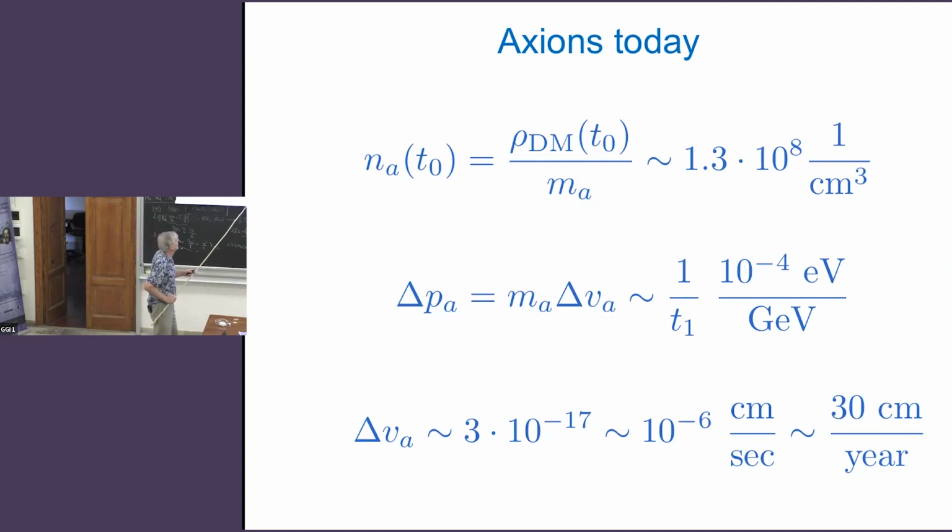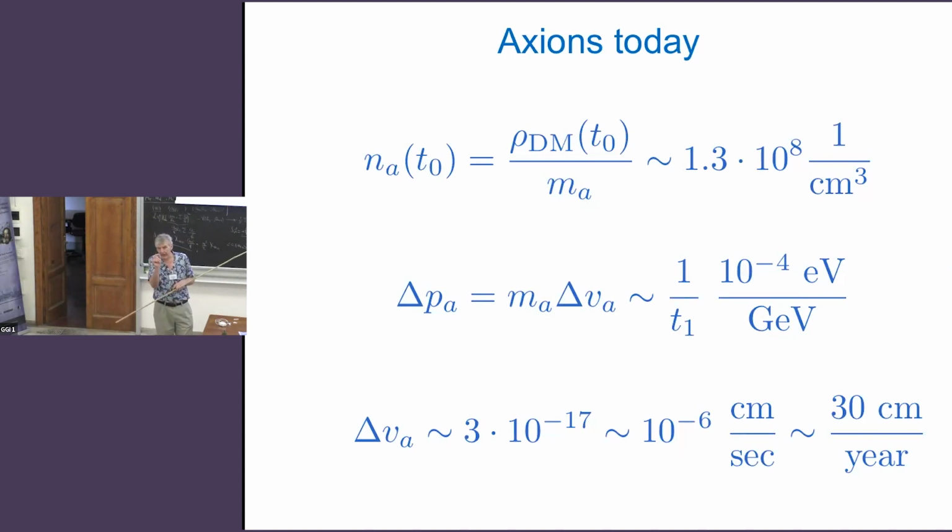That corresponds to a velocity of 10 to the minus 17 times the speed of light, or 30 centimeters per year, which is the same as the speed of the continents. Continental drift is centimeters per year. So the axions move extremely slowly.